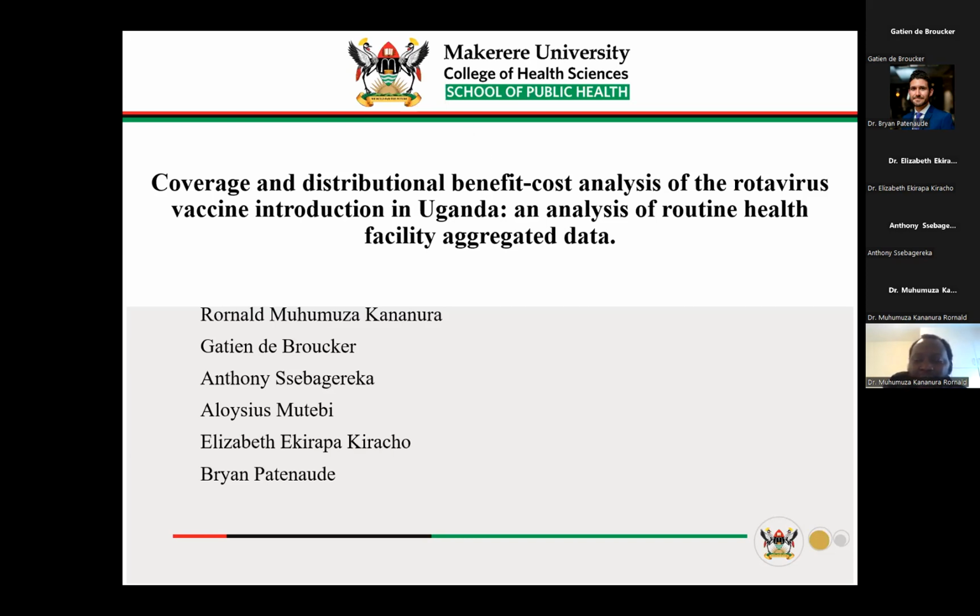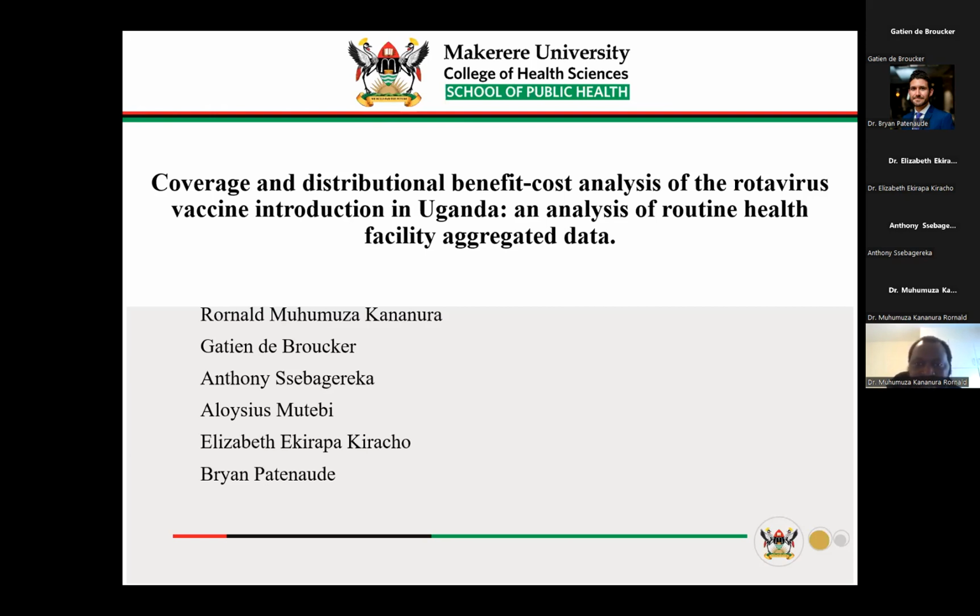In this presentation, like Anthony has said, we shall be talking about coverage and distributional benefit cost analysis of rotavirus vaccine from the time it was introduced.